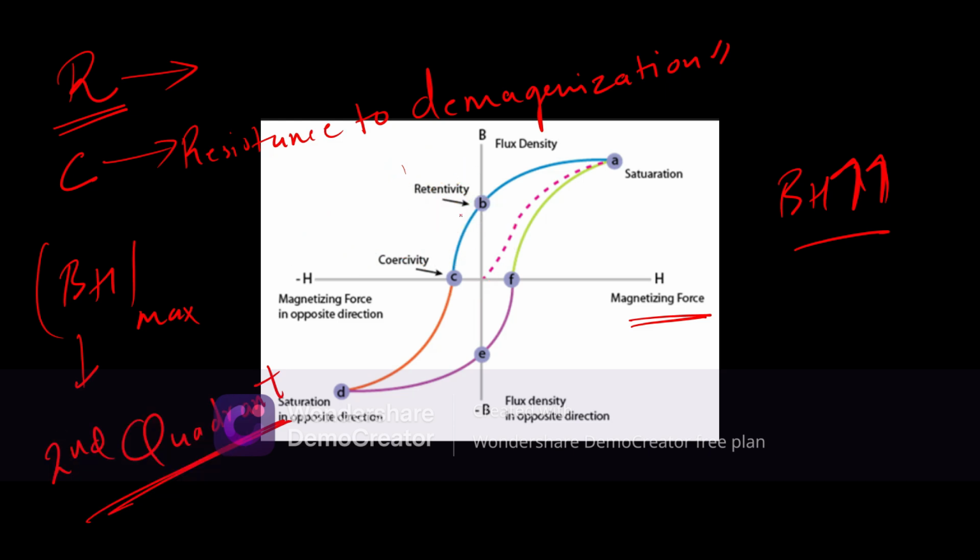That is nothing but BH max, and it is a mod, so it will always be positive. So we are taking the mod. These three terms are very important.